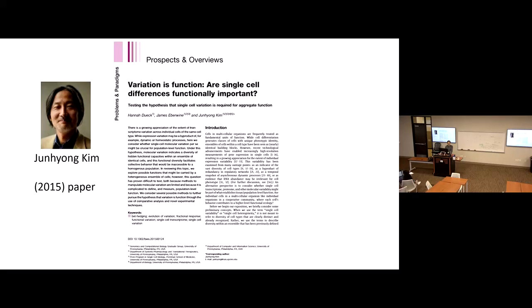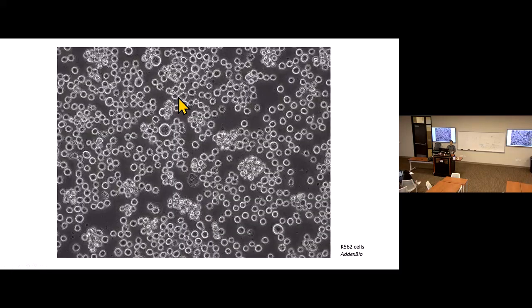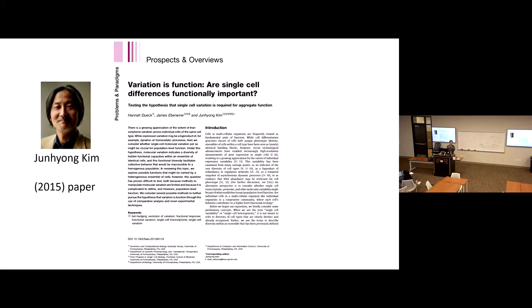In 2015, this professor at UPenn, Pennsylvania University, proposed that this so-called variation is a function of single cell differences. There are no visible differences, but their expression profiles differ from each other. So he proposed this could be very important.